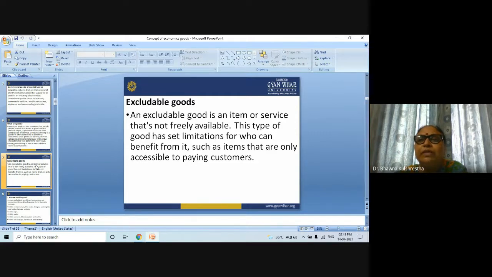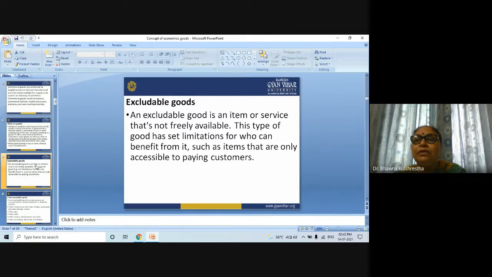A monetary price automatically makes something an excludable good because a consumer must pay before they can enjoy it.